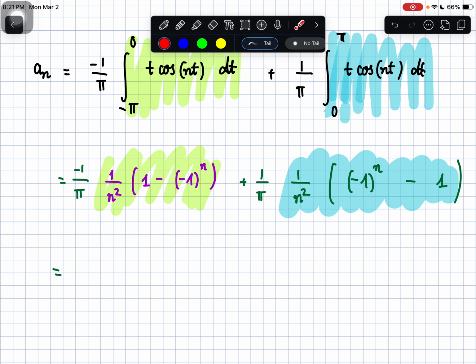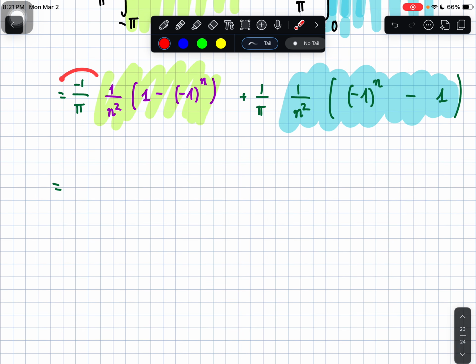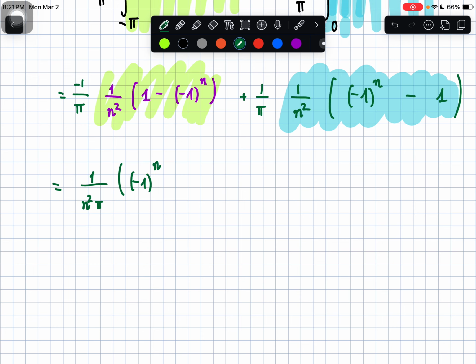We want to have this in common, so we change the sign. 1 over pi, 1 over n squared. It multiplies minus 1 here. So I have 1 over n squared times pi, minus 1 to the n minus 1. The second term, 1 over n squared times pi, minus 1 to the n minus 1.